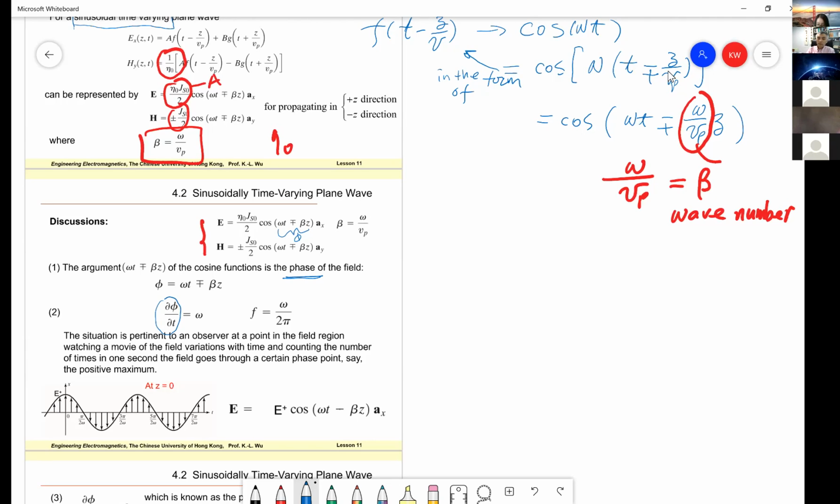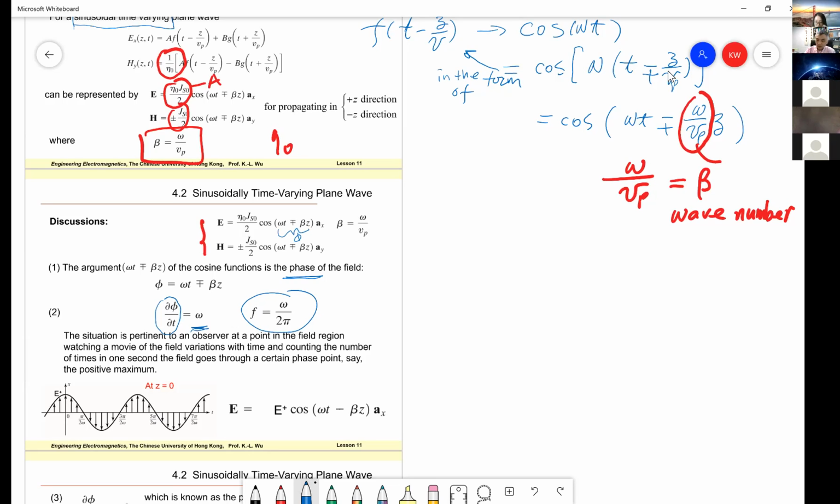So partial phi, partial t, obviously equals omega. Omega is the frequency of phase change, how many cycles per second. So that is the angular frequency.